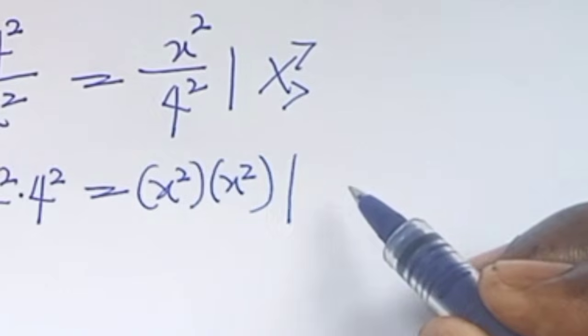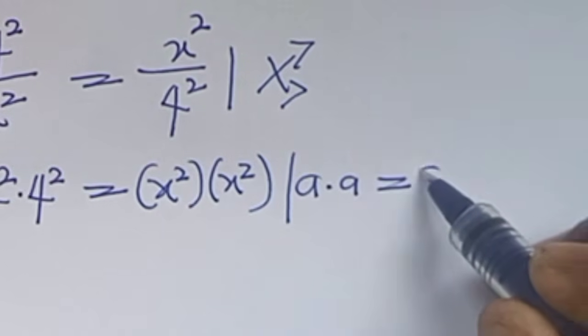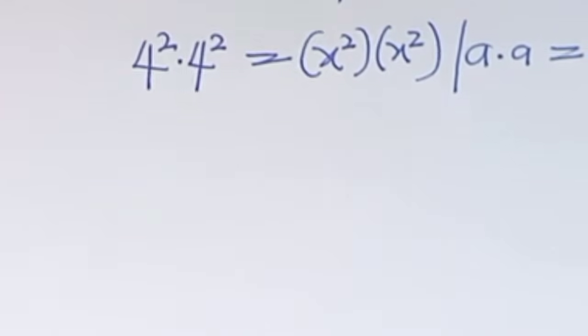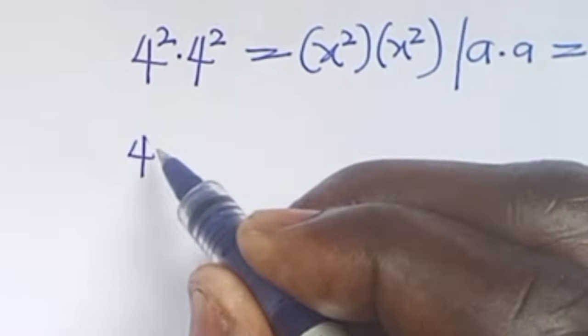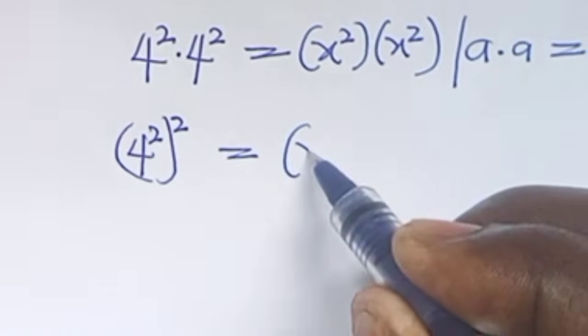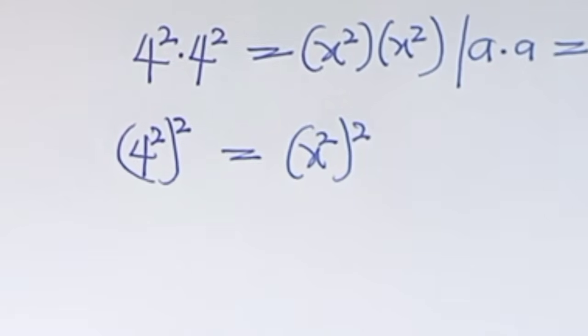But from exponents, if we have a times a, it can be represented as a to the power of 2. So the next line becomes 4 to the power of 2 to the power of 2 equals x to the power of 2 also to the power of 2. And we are very fine.